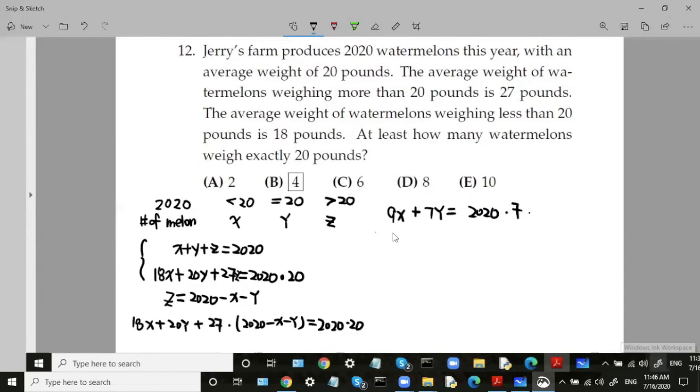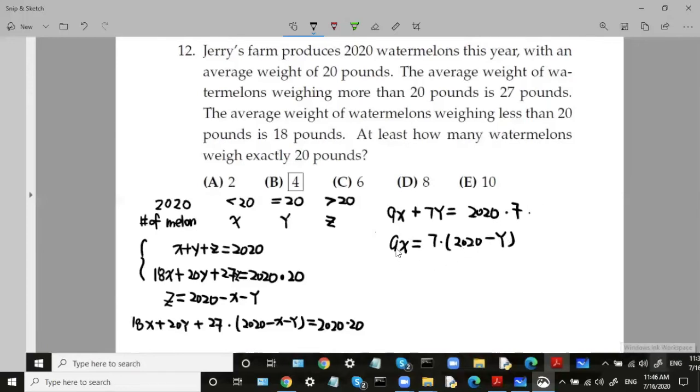Because we can factor 7 from this term and from 20 times 7, let's put this equation in this format: 7 times (20 minus y).